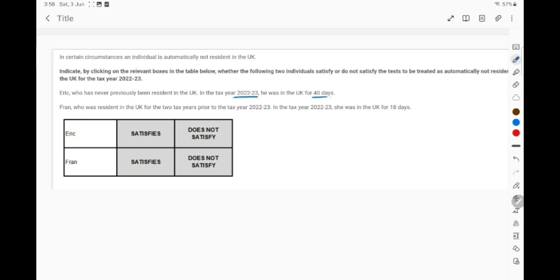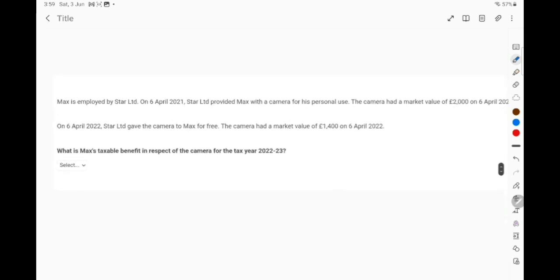And Fran, who was resident in the UK for the 2 tax years prior to 22-23, was in the UK for 18 days in the tax year 22-23. So the first satisfies and the second does not satisfy, because the limit here is 16 days. If a person lives less than 16 days, then he is considered automatically non-resident.